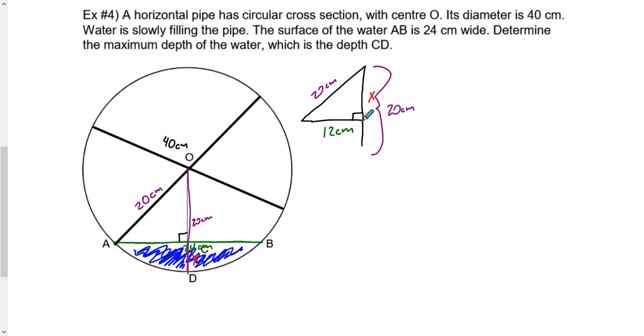And if we subtract off this side, we will be left with what that part of it is. So we're going to have to use the Pythagorean theorem again. A squared plus b squared equals c squared. Our c is the 20. And it doesn't matter what I say is a or b. We'll say this one's b.